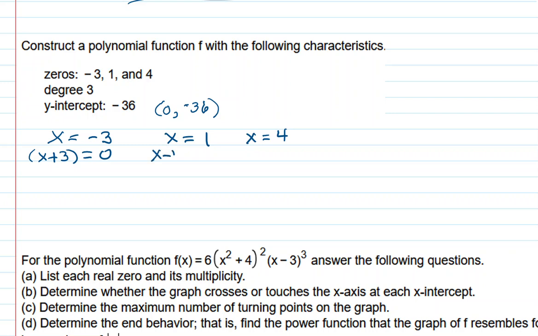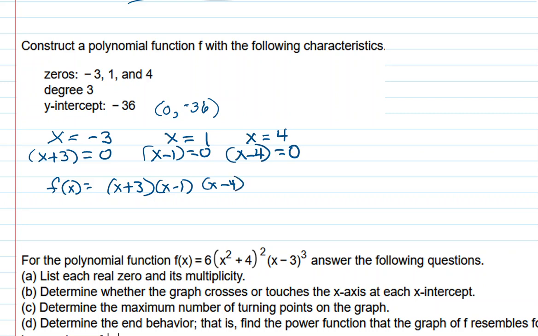X minus 1 and x minus 4. Everybody good? All right. So we got our initial. There's no multiplicities, but we have an output. So we're going to do our f of x has to equal our x plus 3, our x minus 1, and our x minus 4.